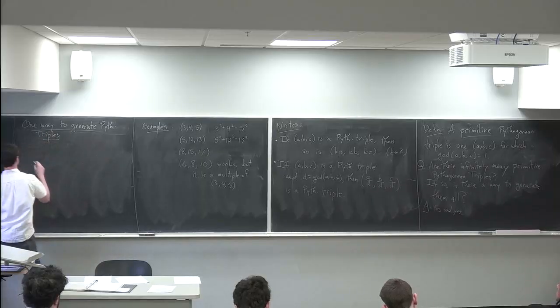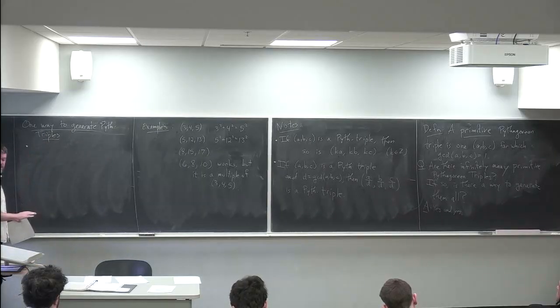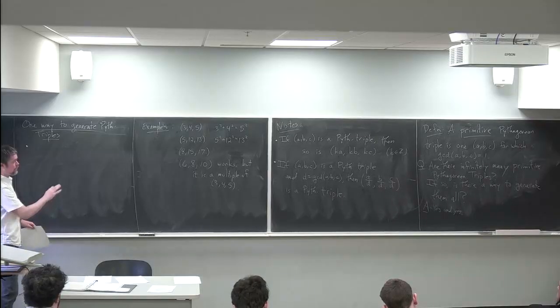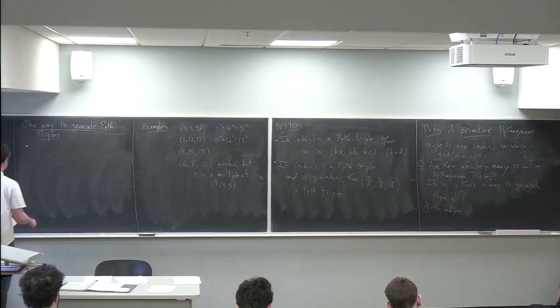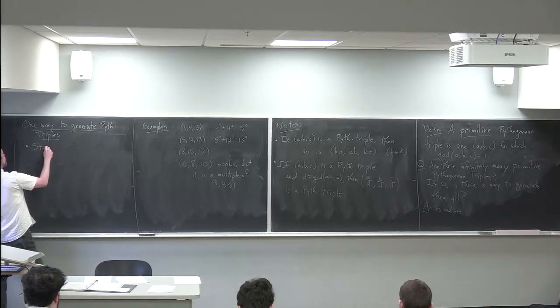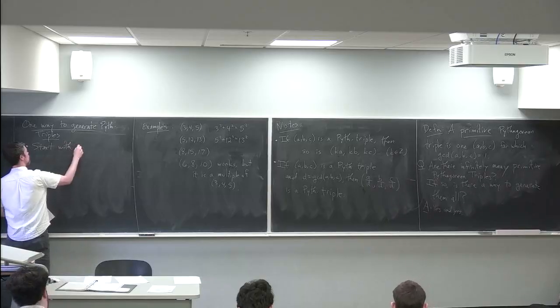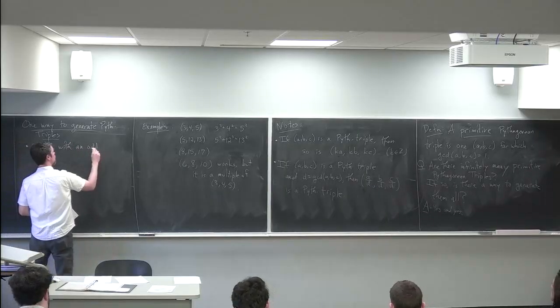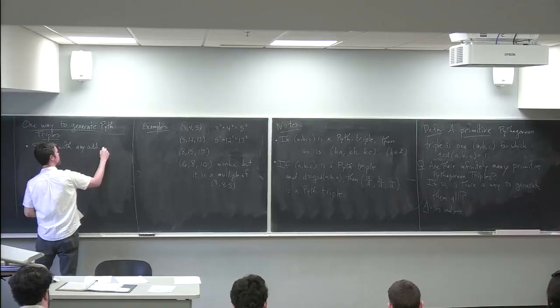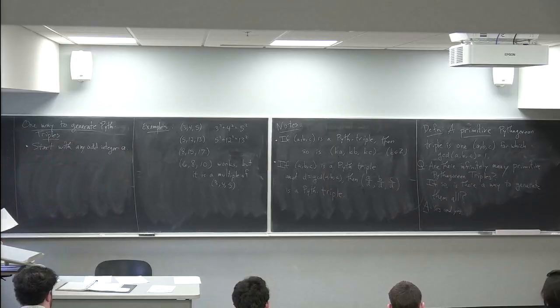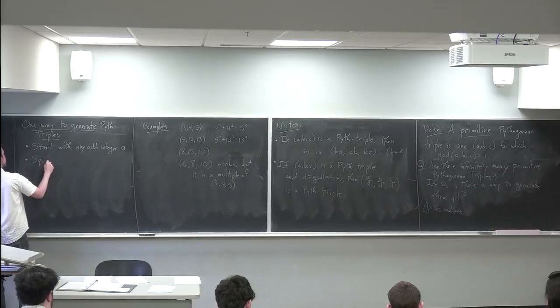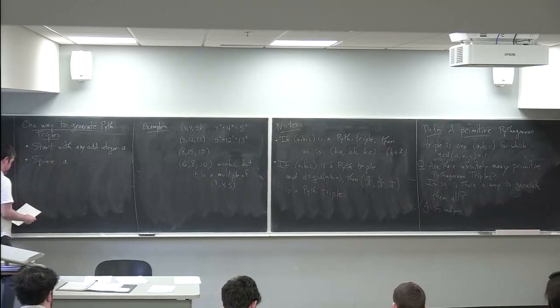So what you could do is, this is just one recipe. It's not a comprehensive one in that it wouldn't answer the question, how do we get them all? It's just one way. But the idea is, start with any odd integer, call it a. So what you do then is take a and square it, to make a squared.